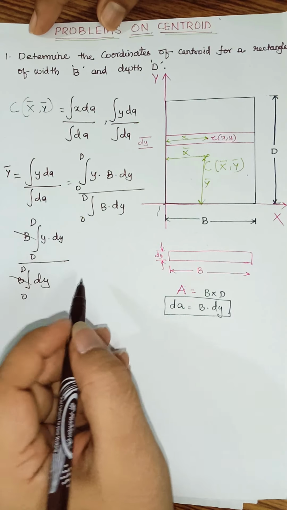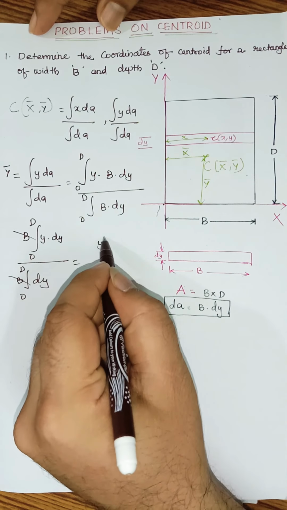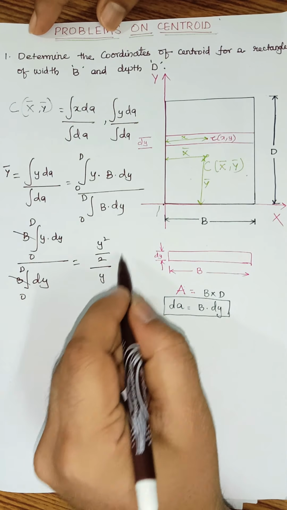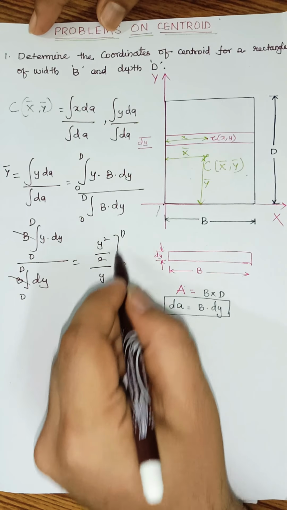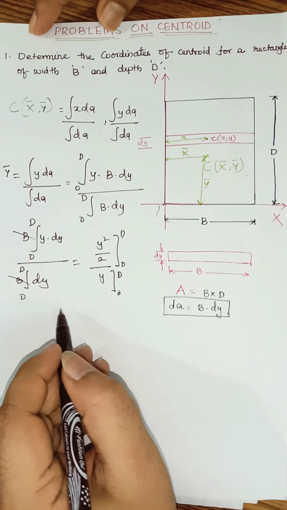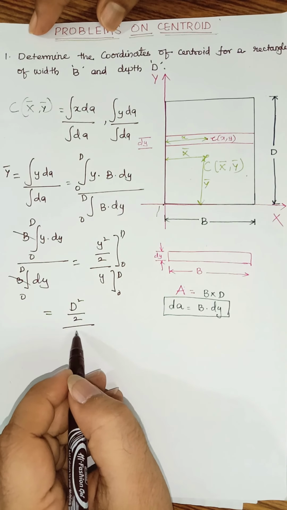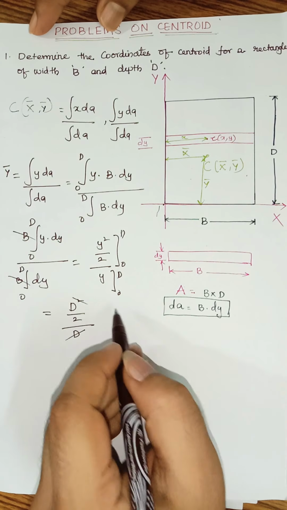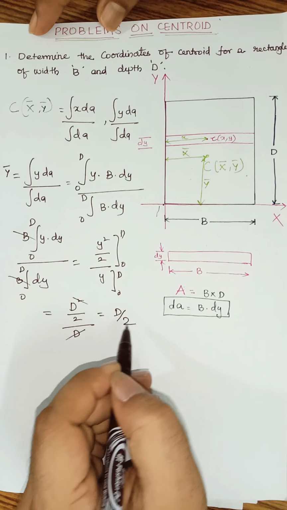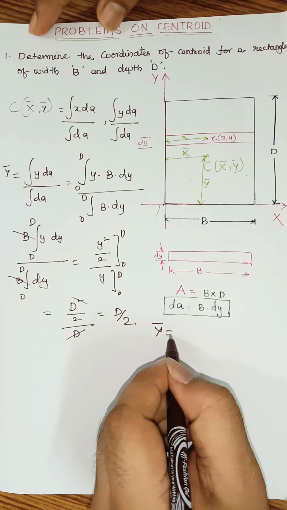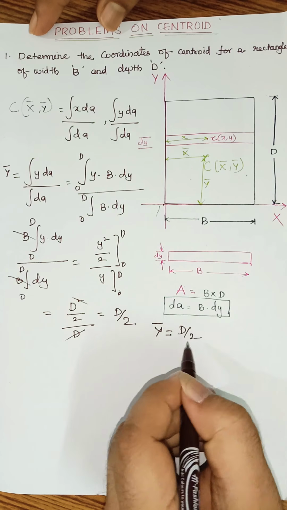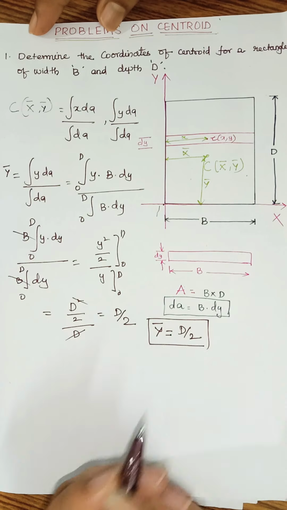So this B gets cancelled. I can write this as y square by 2 by y, with limits 0 to D, which gives D square by 2 by D, which can be written as D by 2. So the y coordinate of centroid is D by 2.